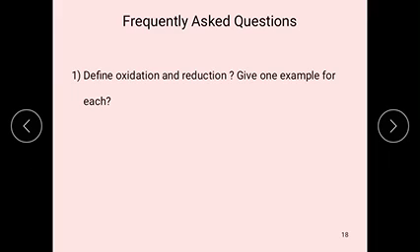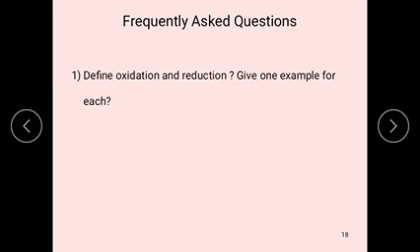And next one is reduction reaction. Reduction is the process of gaining of an electron by an atom, ion, or molecule. In a reduction reaction, we observe a decrease in the oxidation number of an element in a chemical reaction.